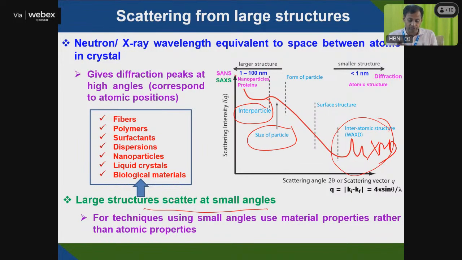If you imagine a small particle, the scattering is possible at different angles, and for a very large particle the scatter looks almost parallel. So a technique using small angle investigates material properties rather than atomic properties. In the diffraction technique, the atomic properties, such as crystallite size and arrangement, are what you get, but with small angle, material properties are mostly investigated.